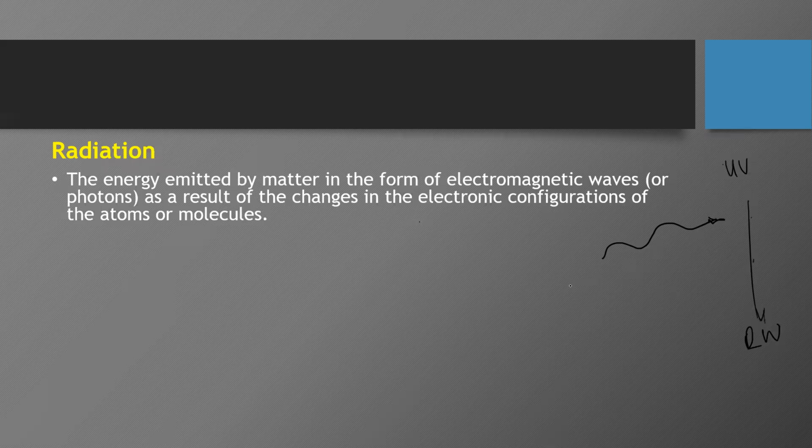You can define a wave with wavelength or frequency, whichever is okay, because lambda times f will give you the velocity of the electromagnetic wave, and the velocity is equal for all waves. When lambda increases, it goes this way; if frequency increases, it goes this way.